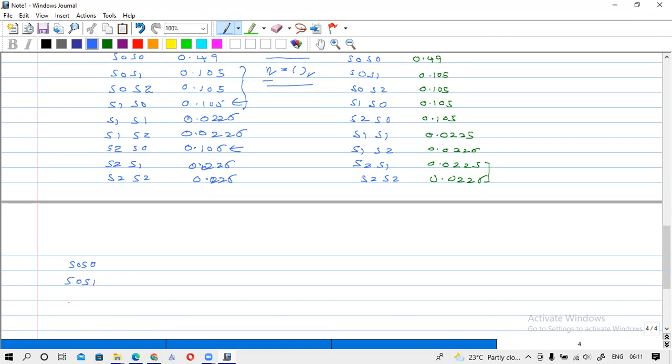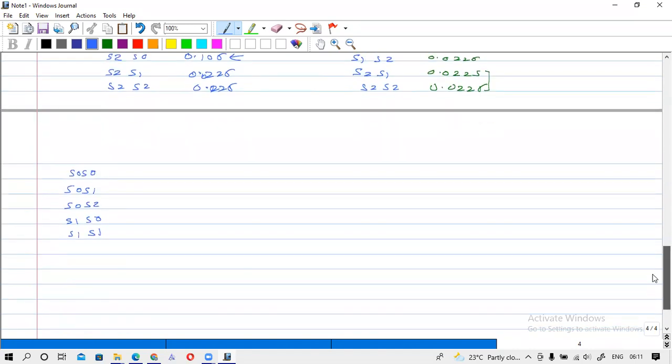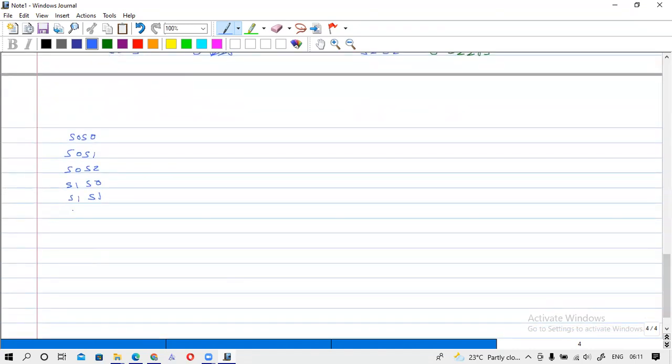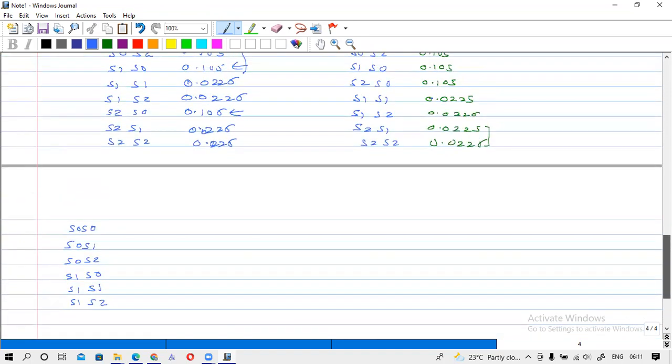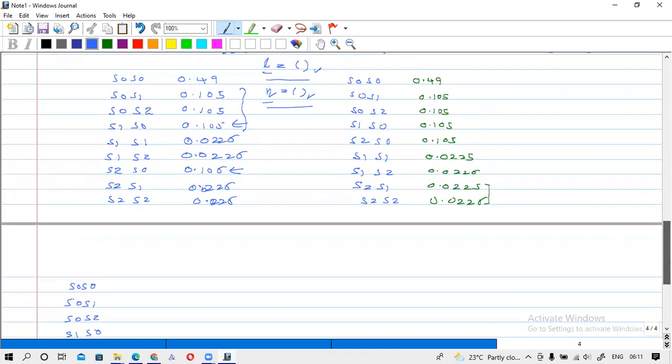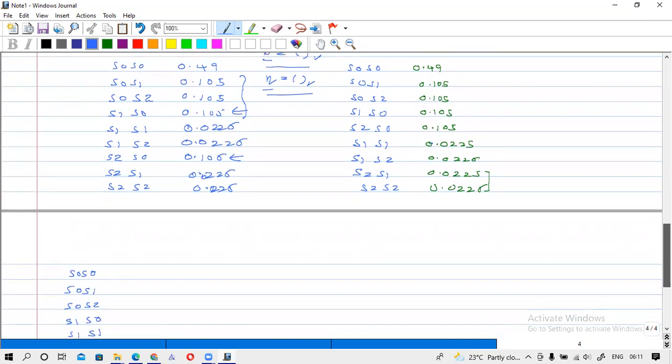It's not S1, it's not S2. Here it is also S1, S1, and S1, S2, and again S1, S2.